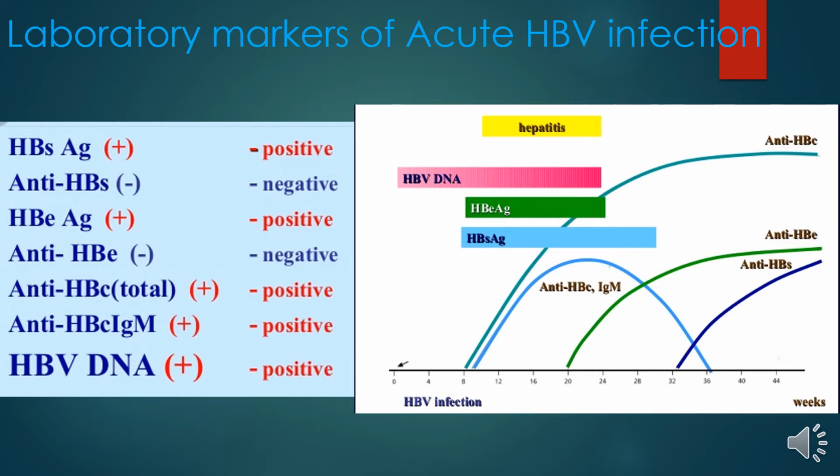On the graph, you can see hepatitis B virus DNA, hepatitis B e antigen, and hepatitis B surface antigen are present, shown by the pink, green, and blue color shades.